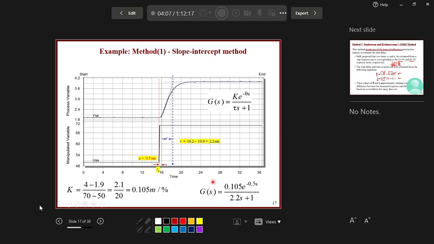Remember, the transfer function of the process is defined as Y of S divided by U of S, the output divided by the input, which is equal to 0.105 e to the minus 0.5 s divided by 2.2 s plus 1. And this completes the modeling using the slope-intercept method for a first-order process.